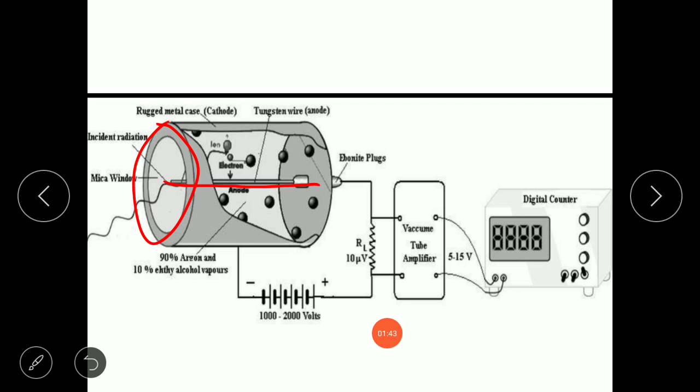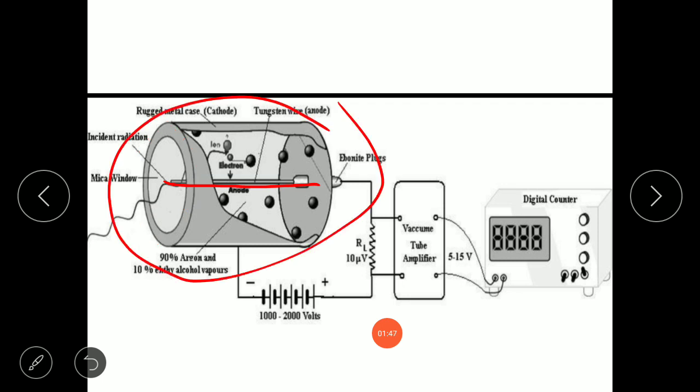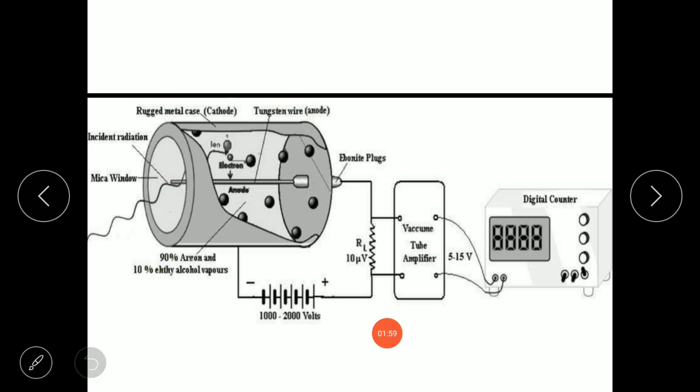The air from this glass envelope is evacuated, and a gas like argon is inserted into the envelope. There is a voltage connected between the anode and cathode.